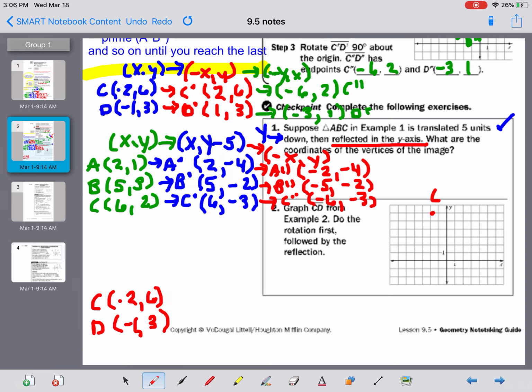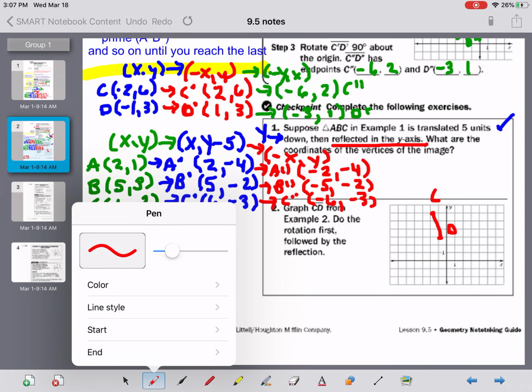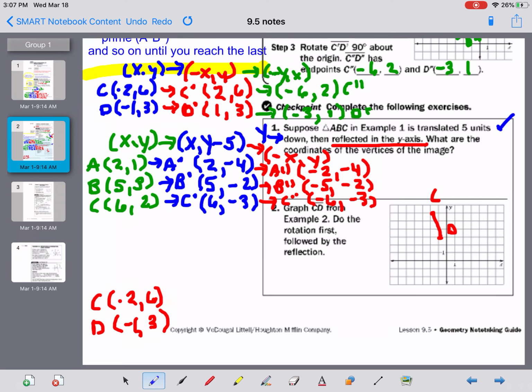So this starts out the same way our example 2 started before. And now this time we're going to do the rotation first. So that 90-degree rotation from before, remember we're going to take this x, y, and do negative y, x, because that's how a 90-degree rotation ends up.